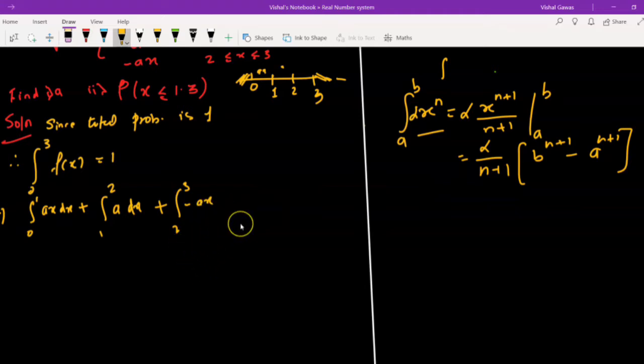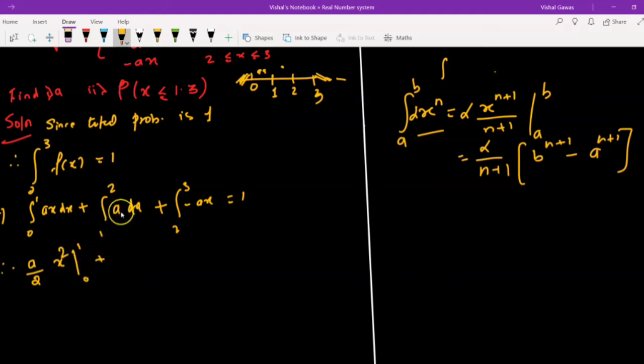So what we get in this case is this would be equal to 1. If I use the integral, a will be outside, and using the formula with n equal to 1, this will be 2. In the bracket I will get x squared upon 2, from 0 to 1.